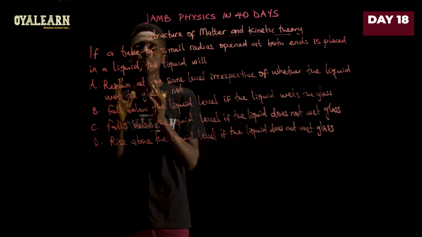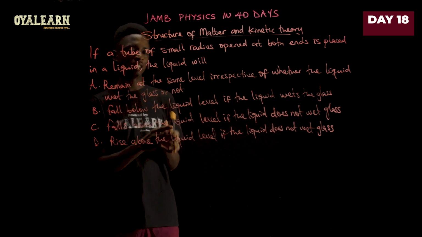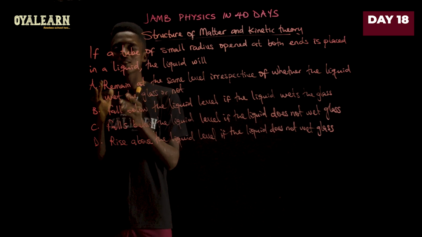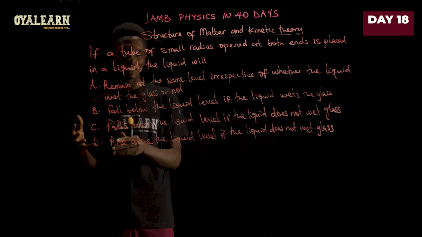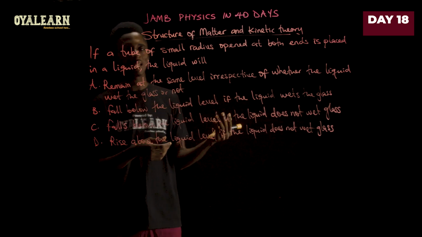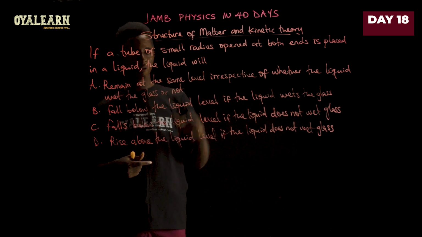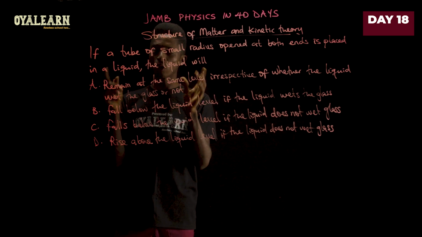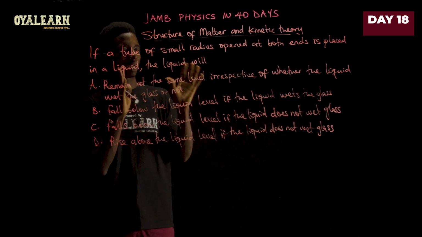This is because of their force of adhesion. Water has more force of adhesion, so it wets glass, which causes it to rise. But mercury does not wet glass, and that is why it will fall. So we're going to use that to answer the question.